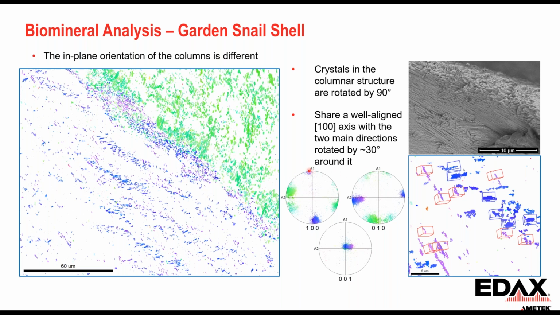So the blue grains are ones where the 001 orientations are in plane in this direction, and the green colors are in an opposite direction. So this shows a schematic here of how things are oriented, along with some of the platelets that can be observed in the columnar structure.